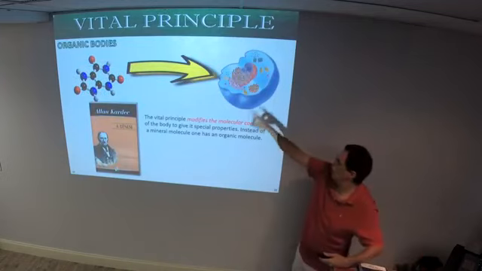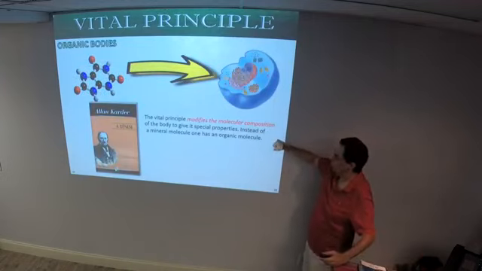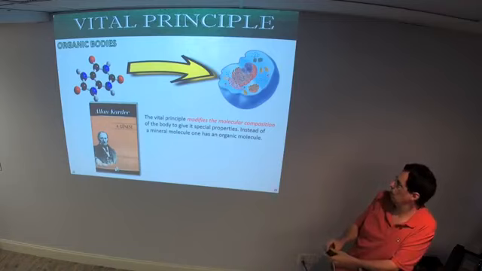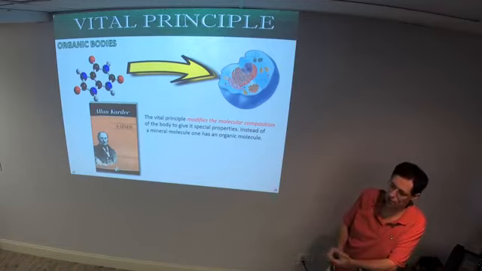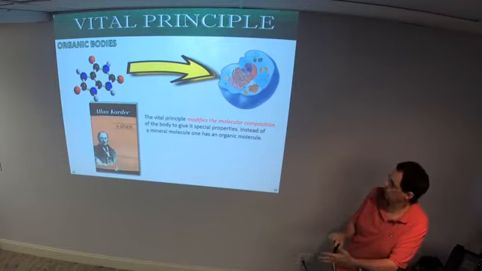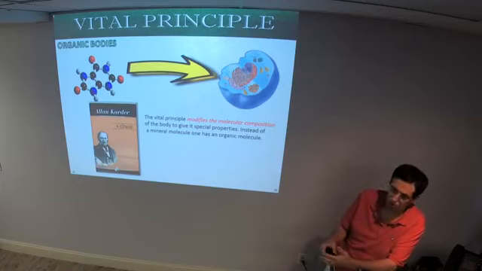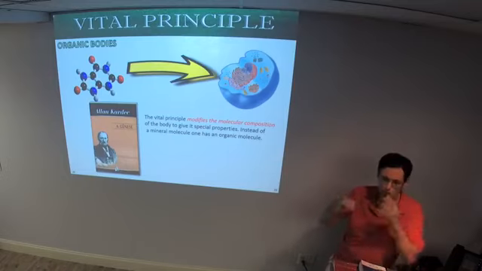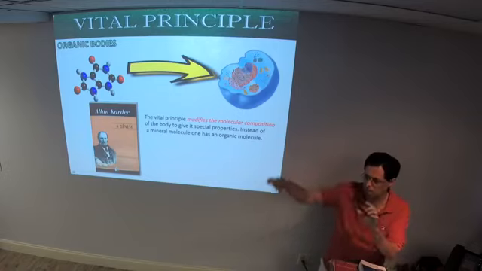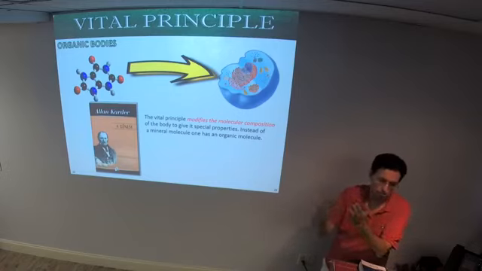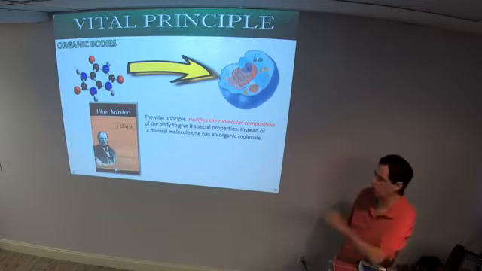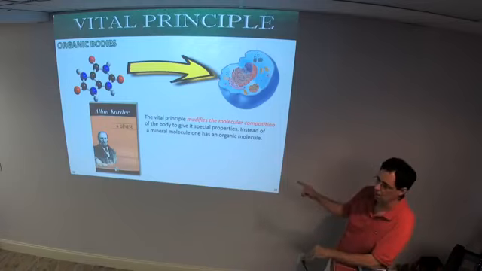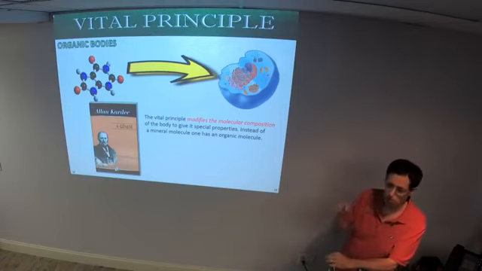Alright, so how does that happen here, right? The vital principle modifies the molecular composition of the body to give it special properties. Instead of a mineral molecule, one has an organic molecule. Vital principle is like the LCD that I showed you, right? That makes the number 1, 2, 3, 4. You modify the properties of certain parts of the display to show numbers and letters and whatever you want to show. Okay? That's the same thing here. That's what the vital principle does.